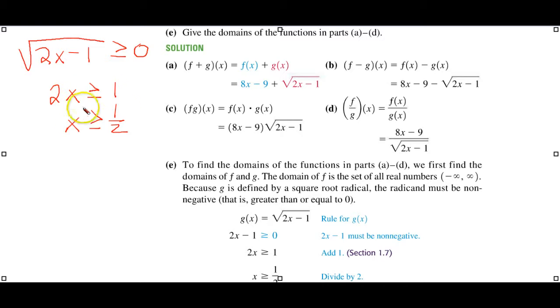And when we solve this, we get that x has to be greater or equal to 1/2. So this pretty much defines everything that we're going to do in our domain here. So let's take a look at it. Now for the f function, by the way, since this is just this, there are no restrictions.